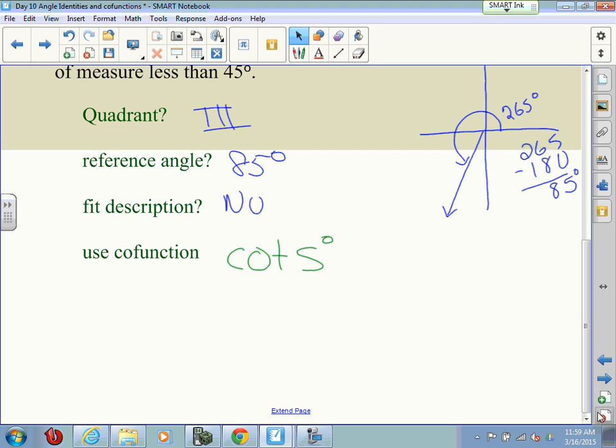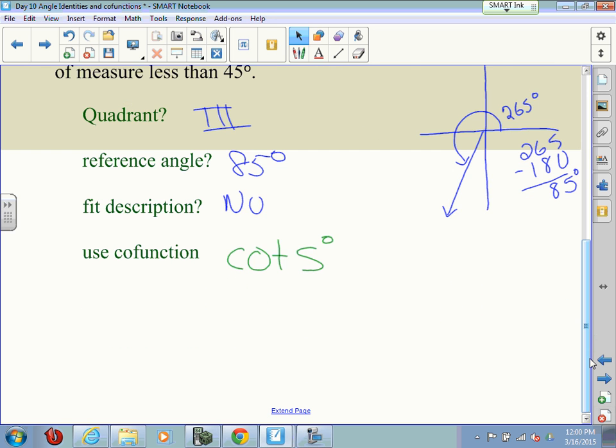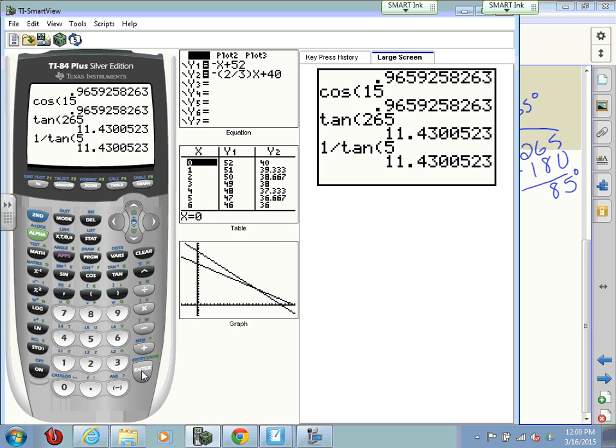Now, let's check it though. I'm going to check, probably to start, tan 265. So tan 265 gives me that. Cotan is 1 divided by tan 5. I don't have a cotan button, so I have to use the reciprocal, 1 over tan. And I use 5 because Carly said the cofunction is going to be cotan 5. There we go.